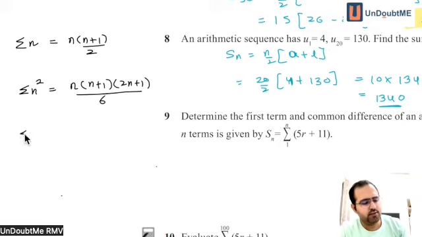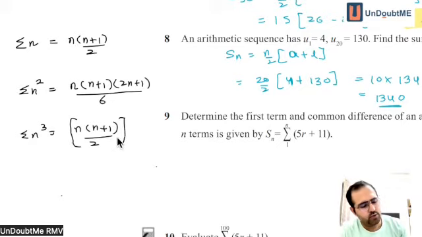And the last one is sigma n cube, sum of cubes of n natural numbers, 1 cube plus 2 cube and so on. That will be (n(n plus 1) by 2) whole squared. So sigma n and sigma n cube are almost the same. The only difference is that square power, and sigma n square is a bit different.